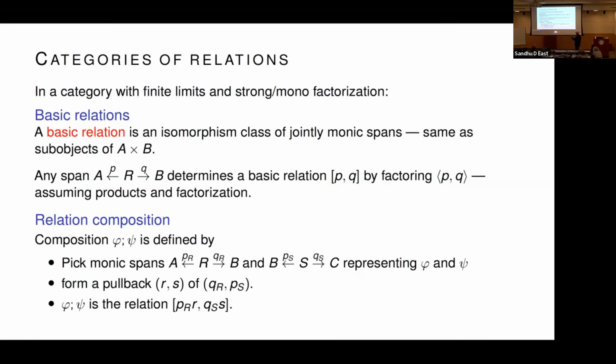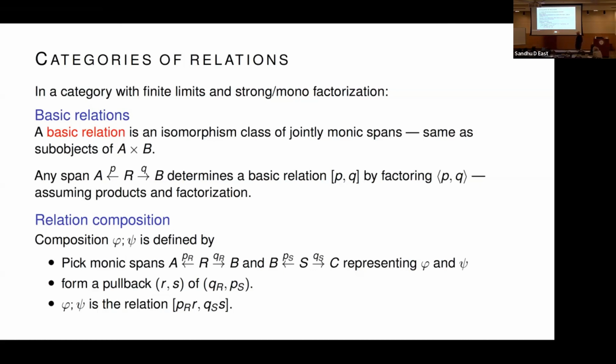Saying it this way is a little bit of a fudge, because I don't really care about the existence of products in this definition of a relation. But on the other hand, regular categories have finite limits, so I might as well have said it in terms of a product. So it depends on your taste. At any rate, it's these spans that encode binary relations, right?